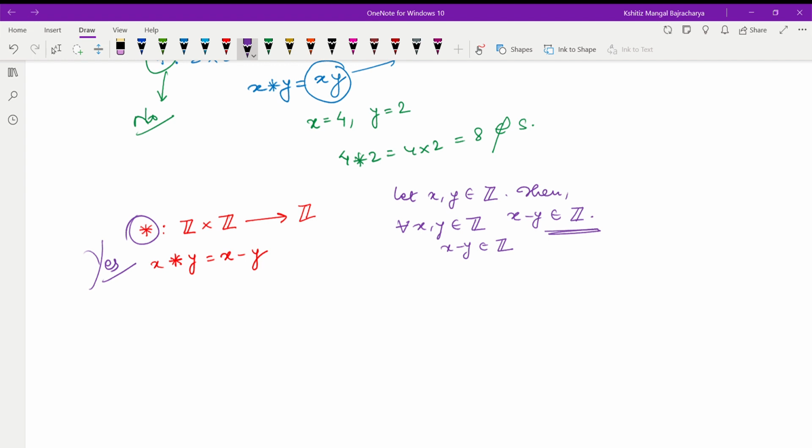Now let's look at something on the set of negative integers.